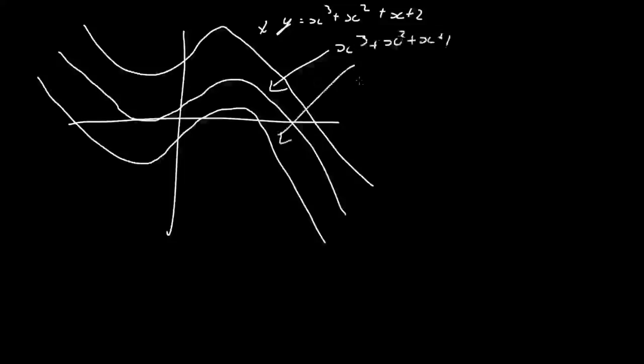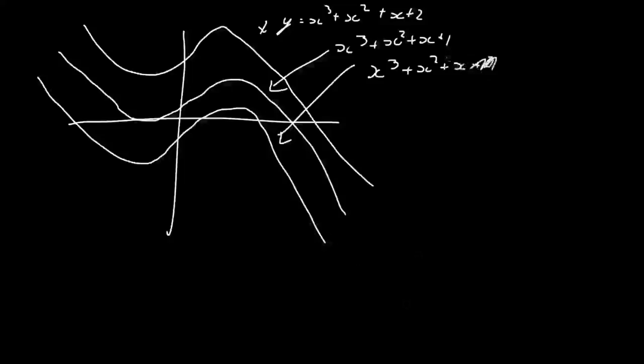So this is y equals x cubed plus x squared plus x plus 2. This is x cubed plus x squared plus x plus 1. This one is x cubed plus x squared plus x plus 0, or just plus x, like that.